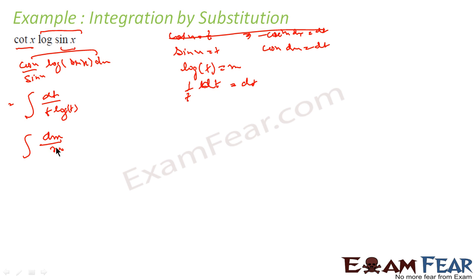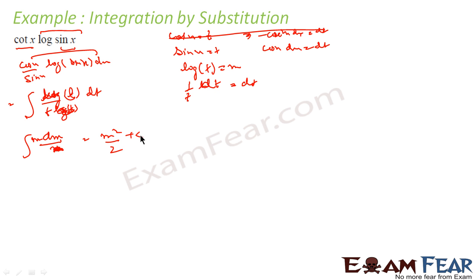So 1 by t dt I'll write as dm, and log t as m. Because this is also not a simple one, I'll take m dm. It becomes m dm, and that is nothing but m square by 2 plus constant.